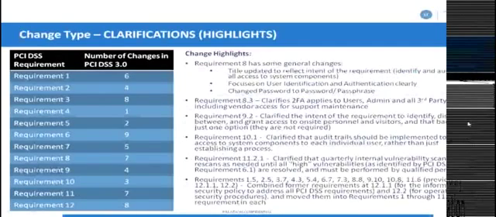Requirement 9.2 clarifies the intent of the requirement to identify, distinguish, and grant access to on-site personnel and visitors, and badges are just one option. If you look at the previous version, it looked like badges were the only way in which this particular requirement could be met. 3.0 is now looking at all the possible controls that an organization can have that can suffice this need.